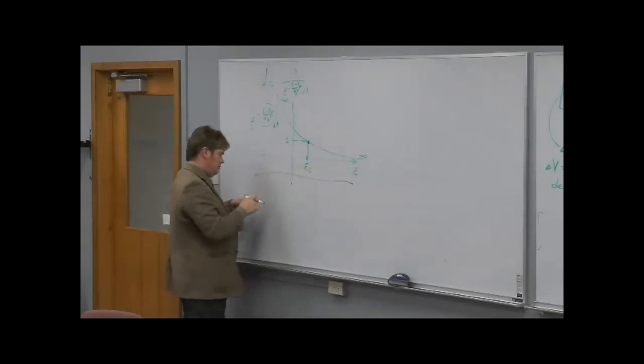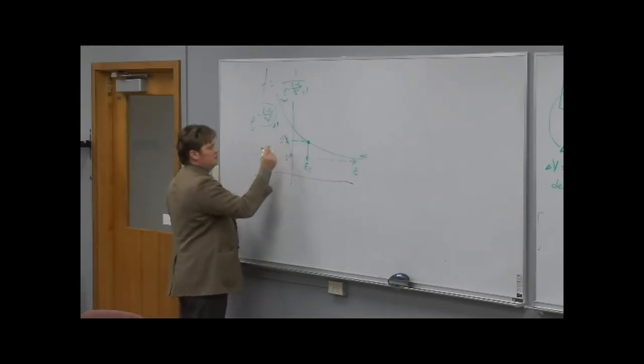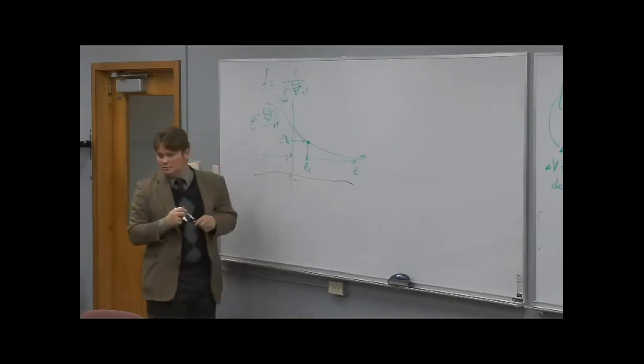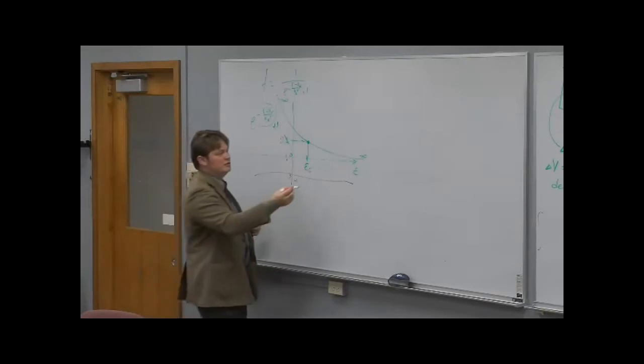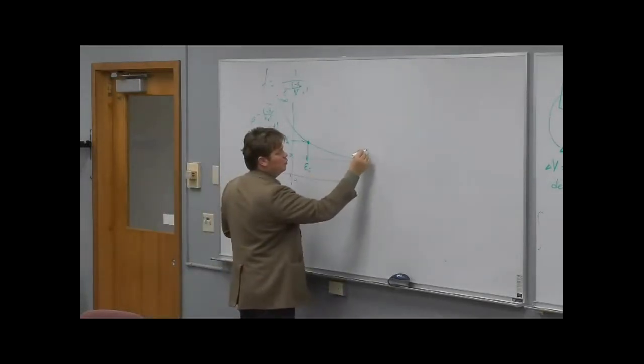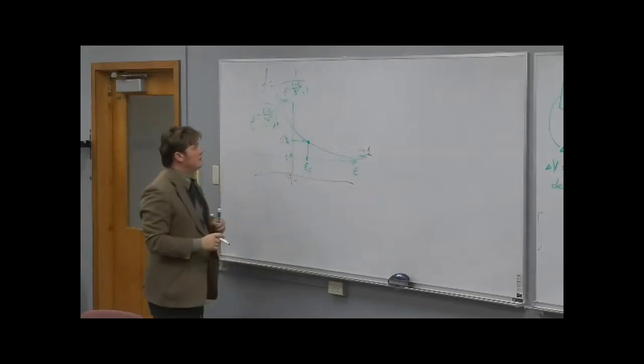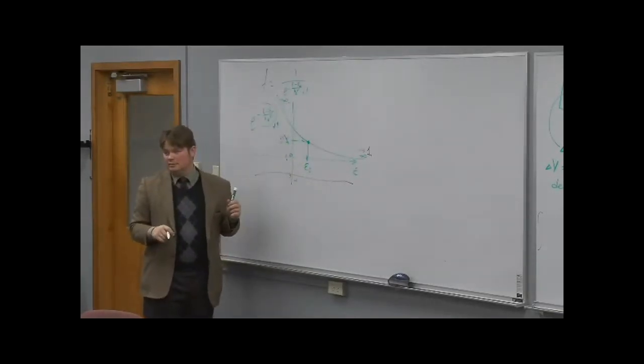So where we had 0, now we have 1. Where we had 1, now we have 2. And where we had minus 1, now it is 0. Okay? So now this function tends to 1 at infinity, and it still tends to infinity at minus infinity.